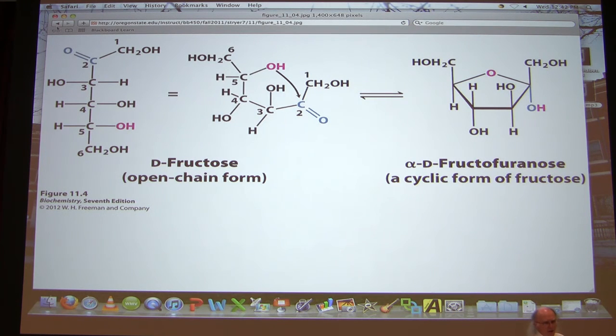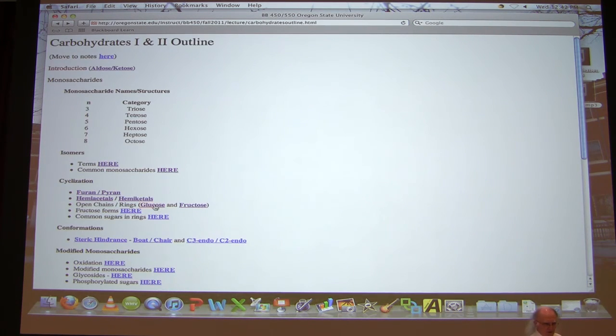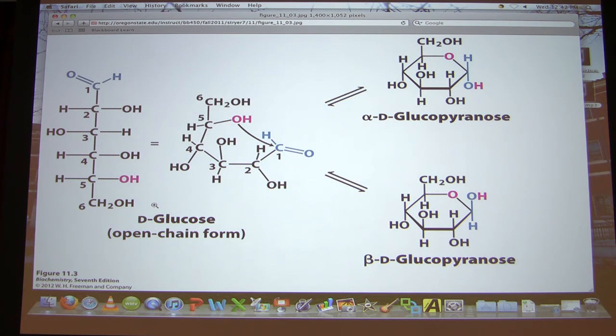Okay, now, an important thing about these structures is that they are reversible. In solution, which is the most common way that we have glucose, these molecules can go back and forth from one structure to the other structure quite readily. And it turns out that there's a little bit of steric hindrance for the beta form.